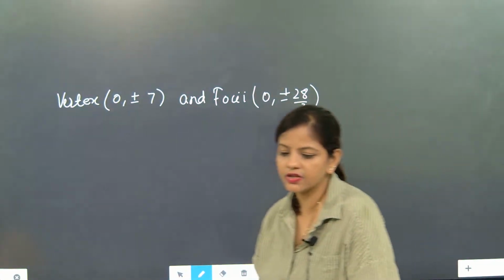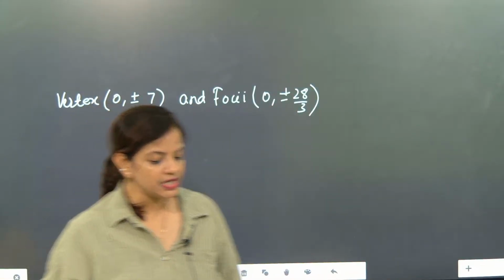Everyone, please try to solve this question. The foci is coming as plus minus 28 by 3.